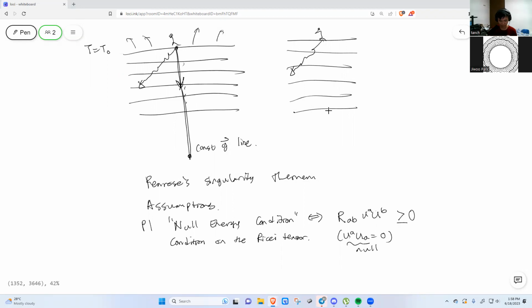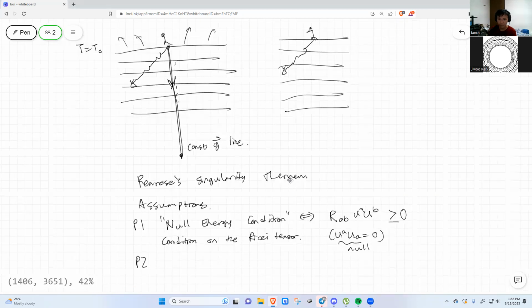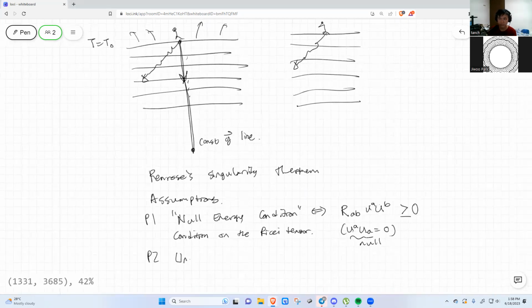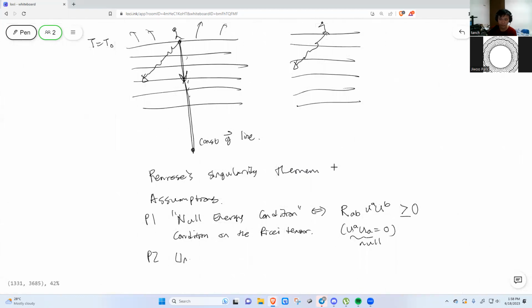And you have the second assumption that you need, which is very important. This is extremely important. The universe has a non-compact Cauchy surface.